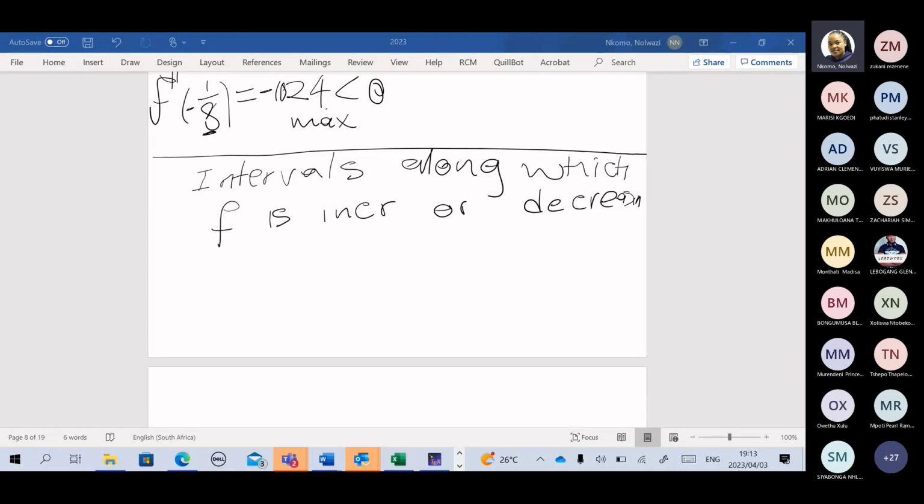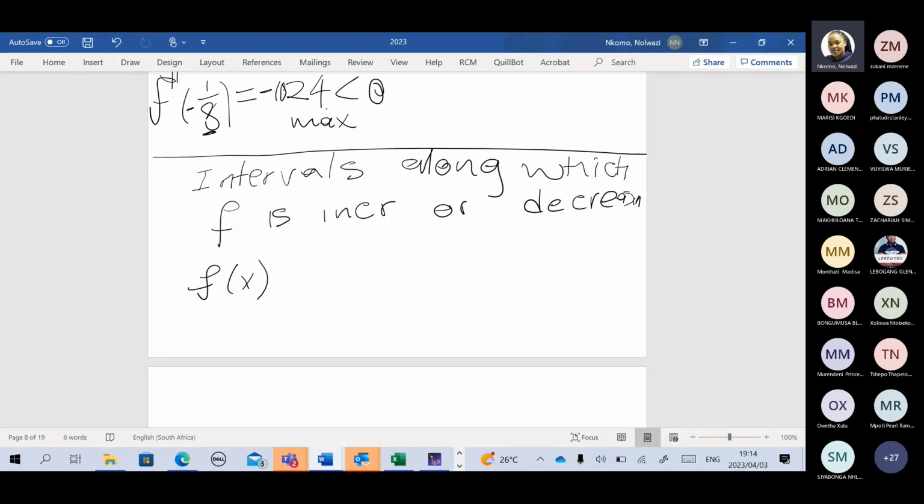You are asked to find the interval whereby your function f at x is increasing or decreasing, right? Okay. After finding the stationary point and you determine their nature, it would be easy for you to find whether your function is increasing or decreasing.